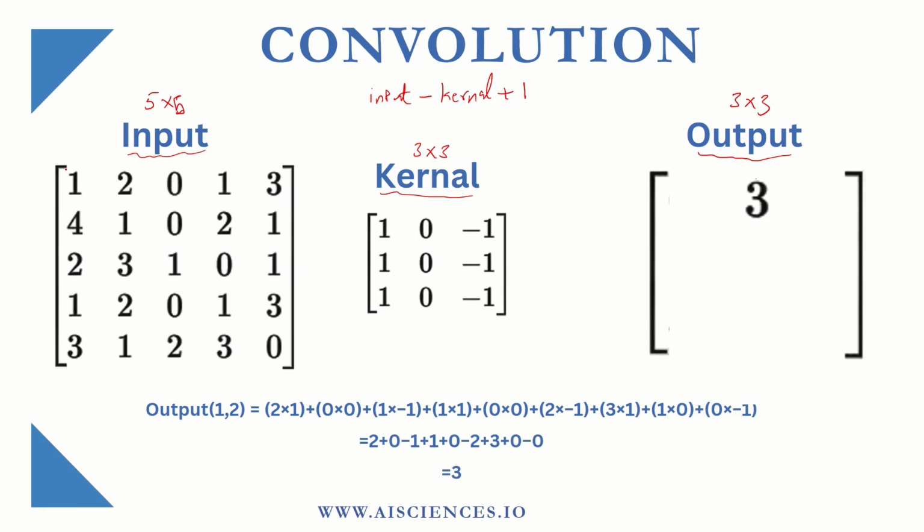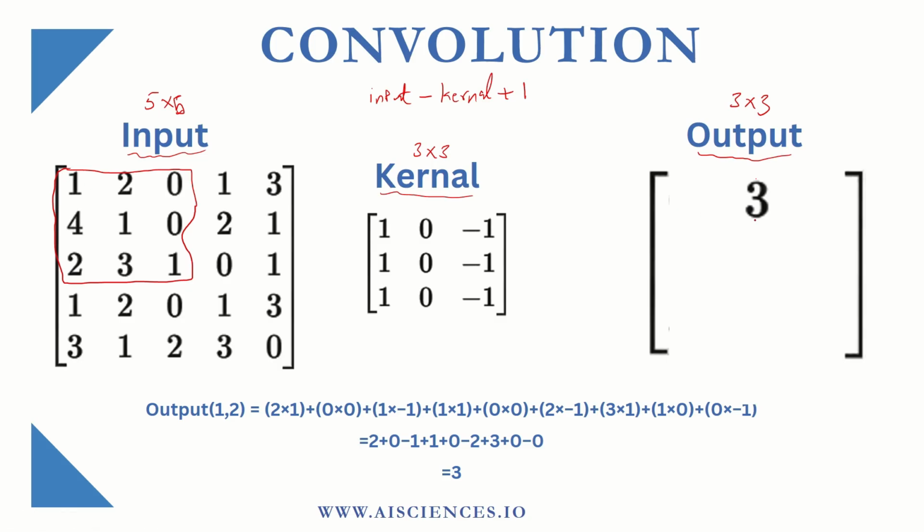Why? How do we convolute over an image? So first of all, we will convolute over this part of an image, right? We will select this sub-image. Why? Because our filter is 3 into 3, so we'll start with 3 into 3. So how do we calculate it? First of all, we'll multiply the first element with the first element.